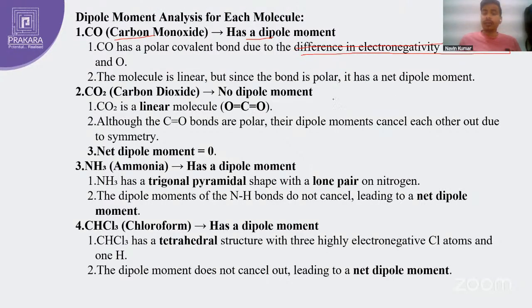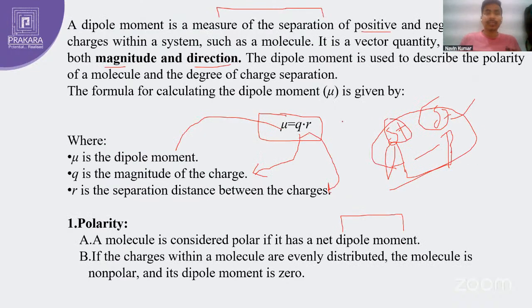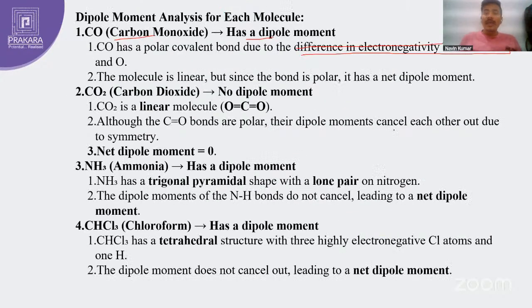As I have discussed, the charge is basically the difference in magnitude. So if there is a difference in electronegativity, in the case of carbon and oxygen, that is carbon monoxide, there is an electronegativity difference between carbon and oxygen. This means this molecule will have some dipole moment; along with this, the molecule is linear and its bond will be polar.